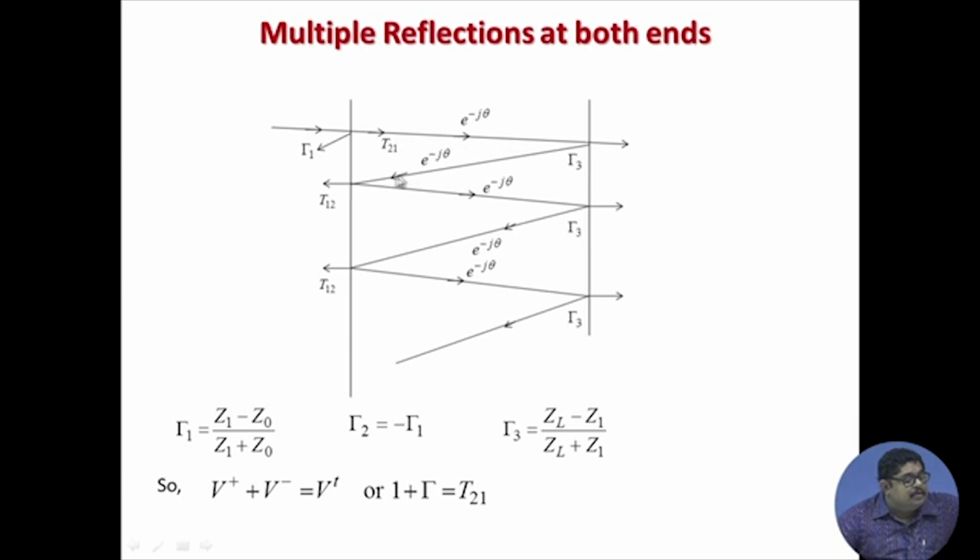This is called multiple reflections. As we have seen in case of power, there are multiple reflections of power waves. Similarly, here also you see a lot of reflections taking place.